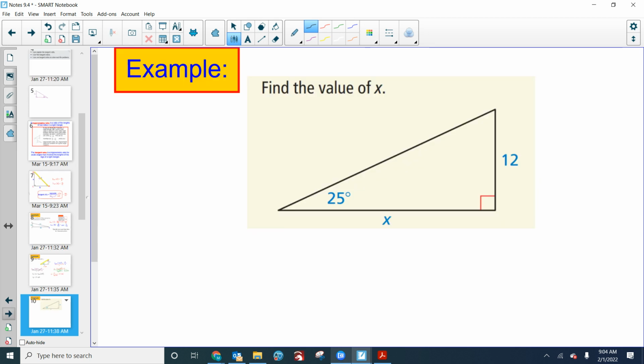All right. I want you to try to set this one up. Now, use the acute angle they gave you. And if you feel confident, go ahead and solve as well.